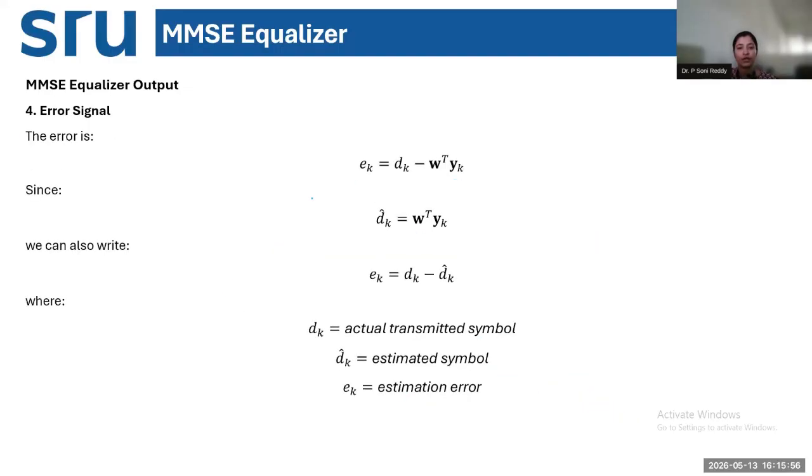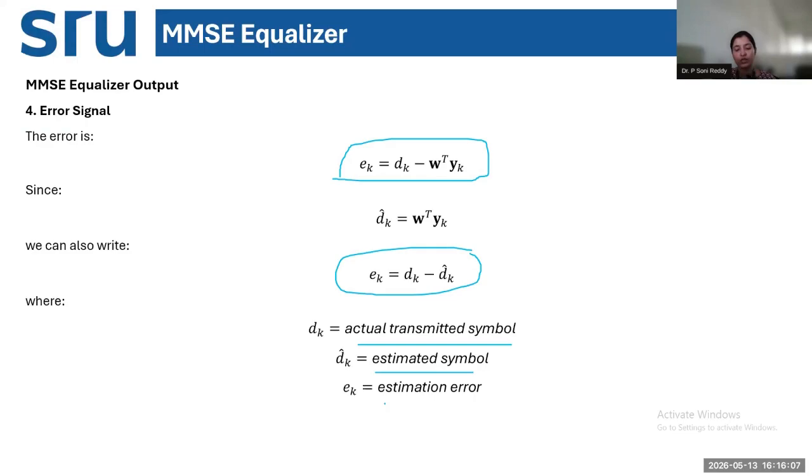So what is the error signal here? The error signal is simply this equation that I have written here. This is my actual transmitted symbol, this is my estimated or equalizer output, and this is my estimation error. What is the estimation error? The error is the difference between the regenerated output and the actual transmitted signal.